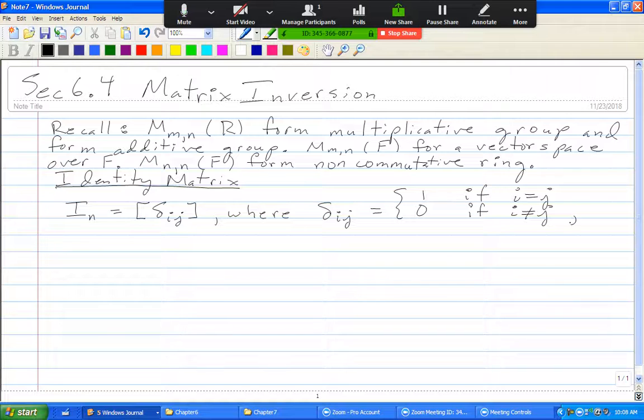And of course here, i goes from 1 to n, and j also goes from 1 to n. Okay, so that's the identity matrix.